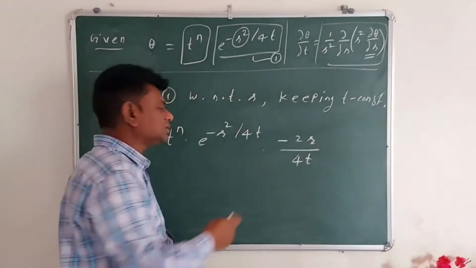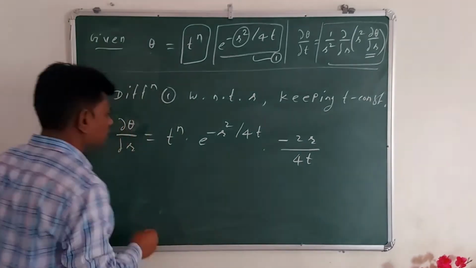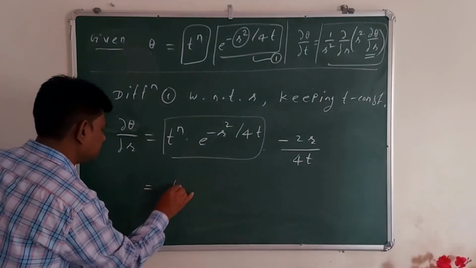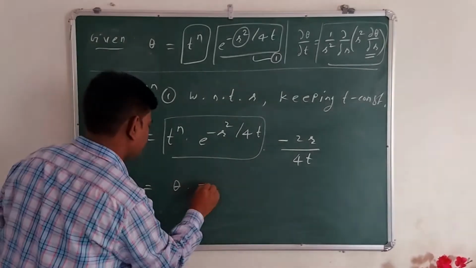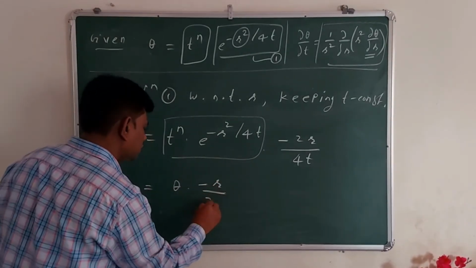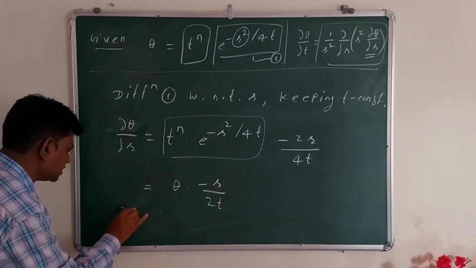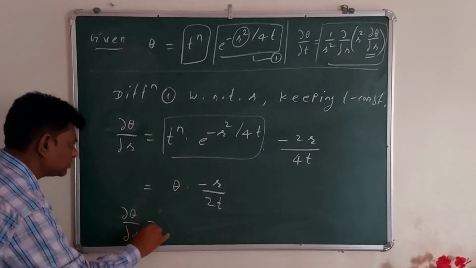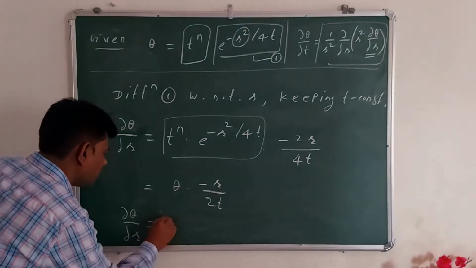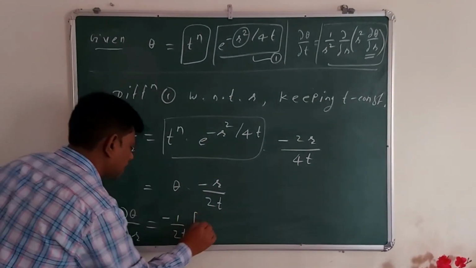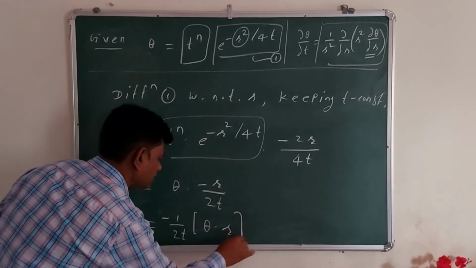Now 2 gets cancelled from the numerator and denominator. This part is denoted by theta, so the answer is theta times minus r upon 2 times t. Now we write del theta by del r is equal to minus 1 upon 2 times t, theta times r.